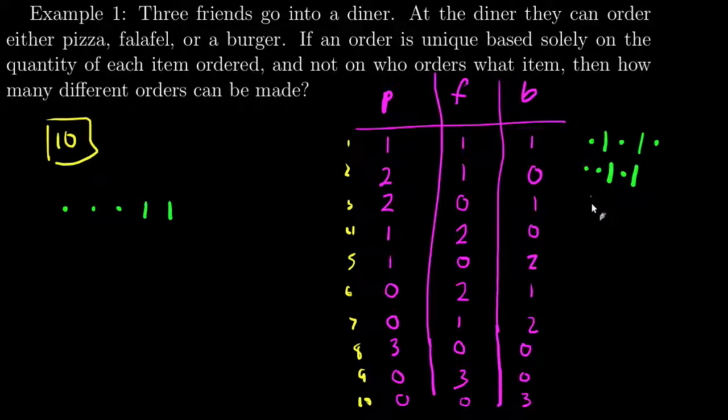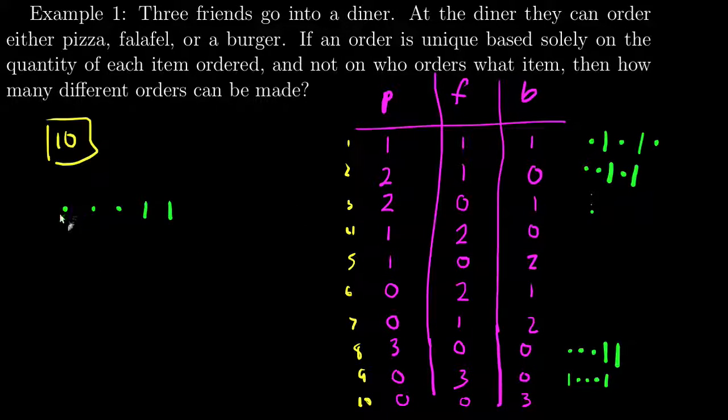And you can see, 3 and 0 and 0 just means I have all three out front, the divider, nothing in the second group, divider, nothing in the third group. Or in this case, divider, 3.